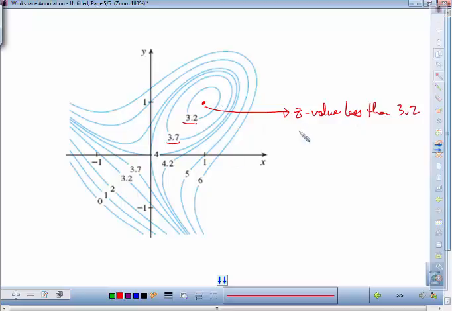So this is going to be a local minimum at 1, 1. By looking at the graph, this is more or less a guess. We don't know if it'll land exactly right here, but we did our analysis using the actual function, so we know that it's 1, 1.